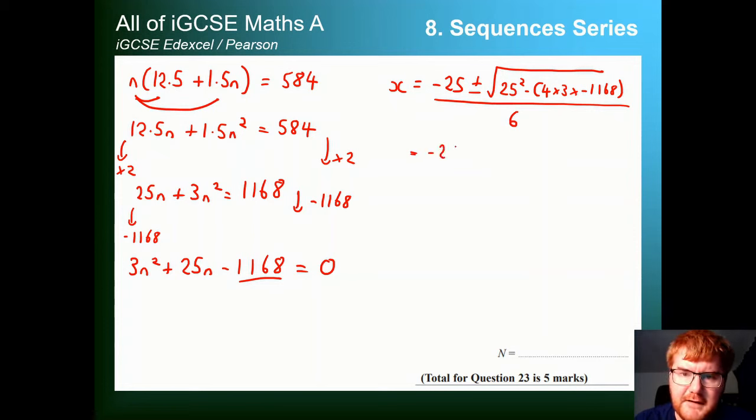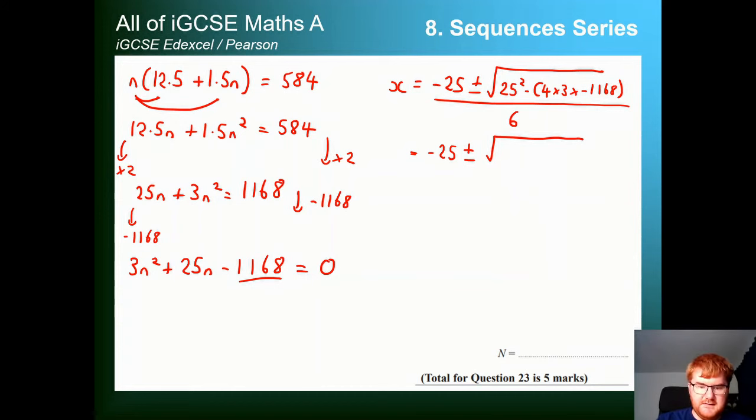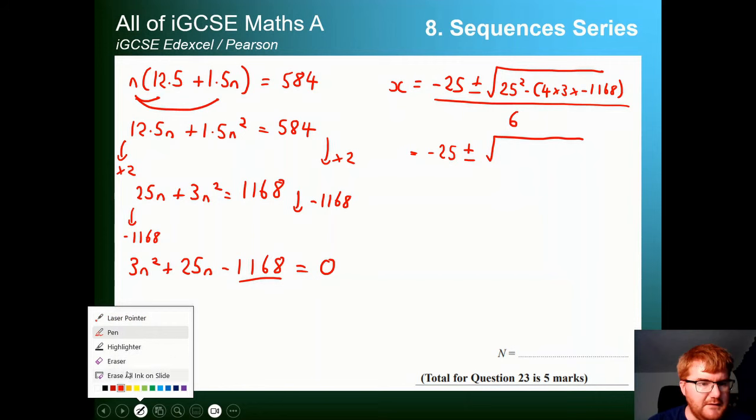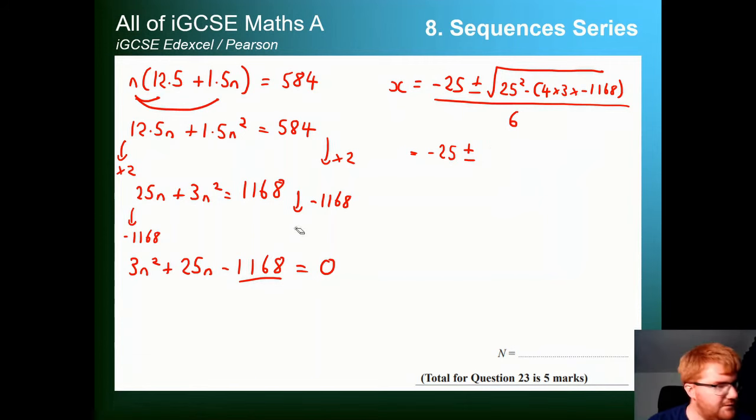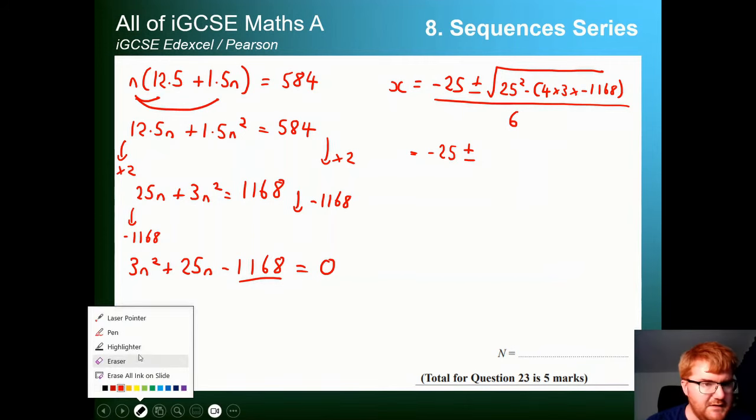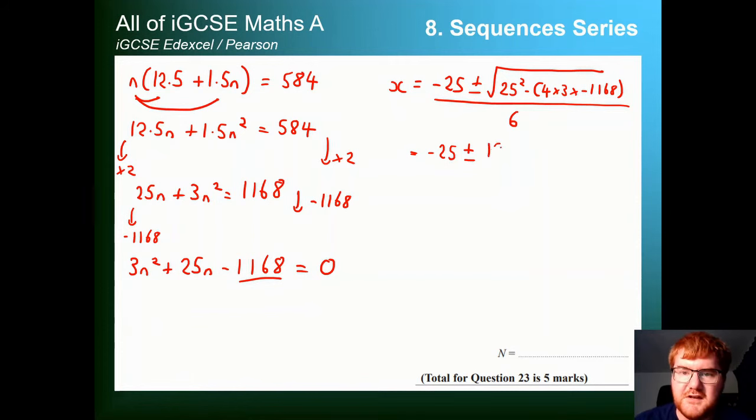So let's simplify down this square root here. This is where the calculator comes in handy. So we get the square root of 25 squared minus brackets 4 times 3 times 6, 8, close brackets, giving us, oh, don't even need the square root here, 121. It's always a good sign when this is a whole number, divided by 6.